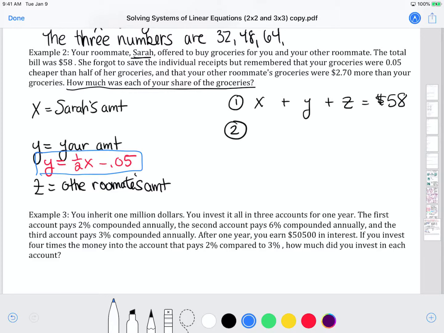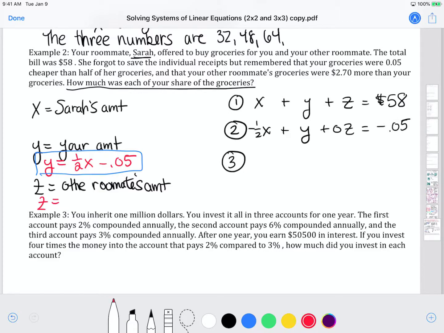Notice in this equation we don't have a z, so my coefficient for z is going to be 0. I have 0 z's. That way we have that spot lined up in our system. So when I subtract 1/2 x from both sides, that gives me a negative 1/2 x plus y plus 0z, and on the right-hand side, I'm left with my constant, negative 0.05.